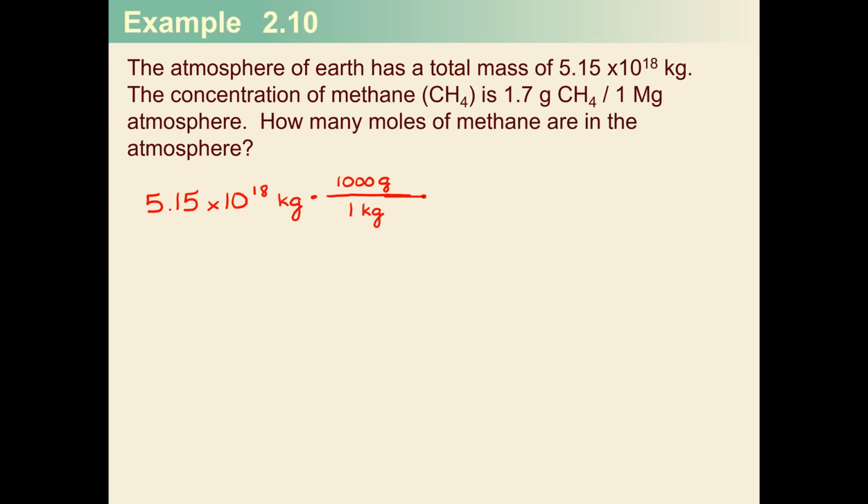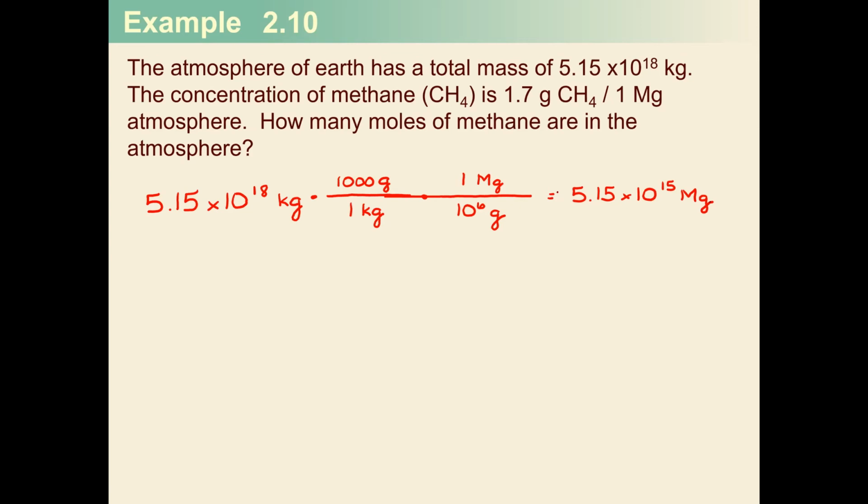What I can do now is then multiply this back in order for us to get the megagram. If I do that, I will want to have 1 megagram is 10 to the 6th grams. So if I go and do this multiplication, it's actually going and dividing by 10 to the third. So that should give me 5.15 times 10 to the 15th megagrams.